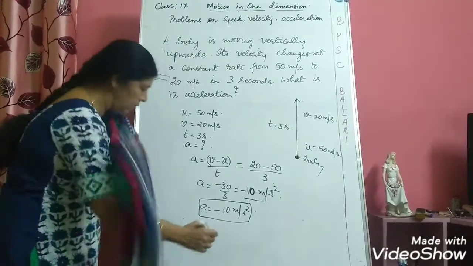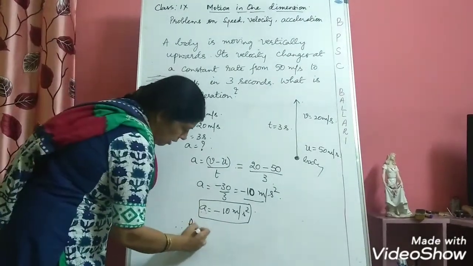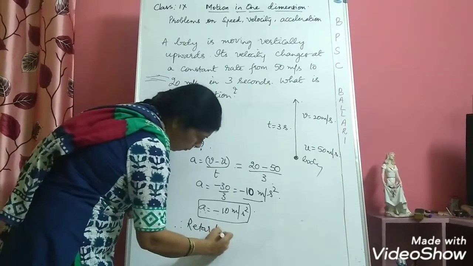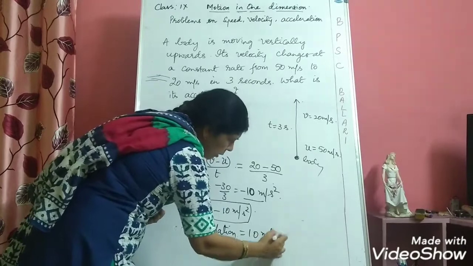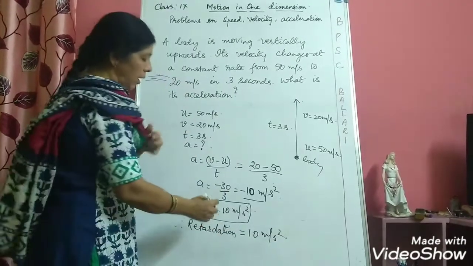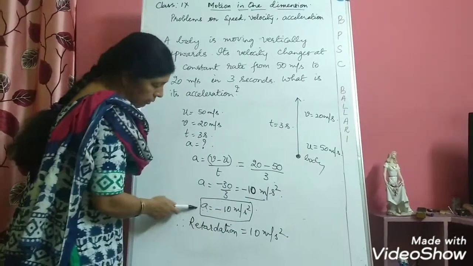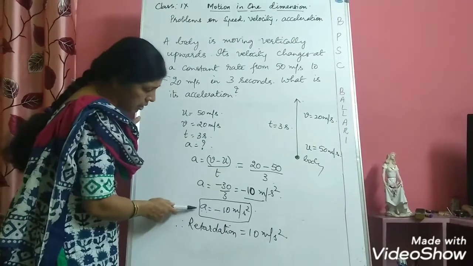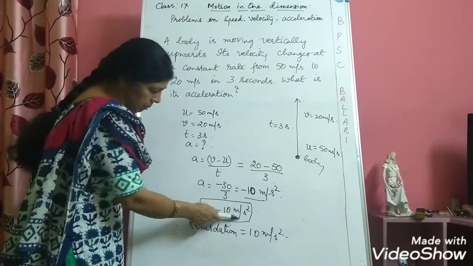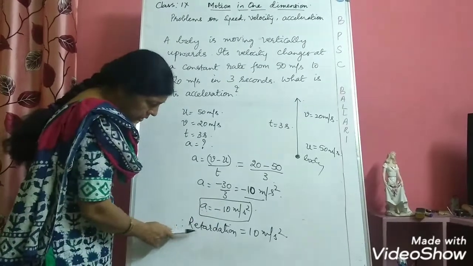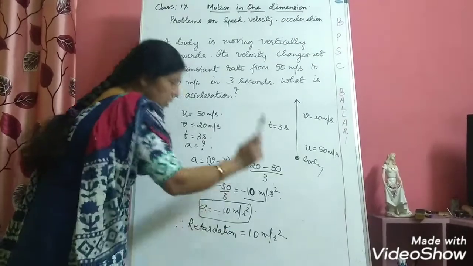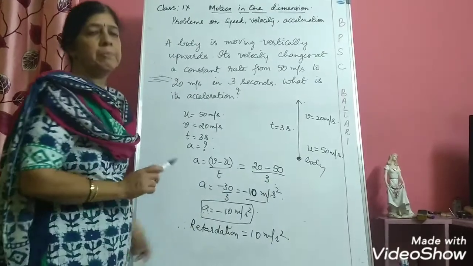Therefore, you can even write retardation is equal to 10 meter per second square. Always take care that this is negative acceleration. If you want to write it in terms of acceleration, you indicate with minus sign, minus 10 meter per second square. If you want to write it as retardation, just write 10 meter per second square.